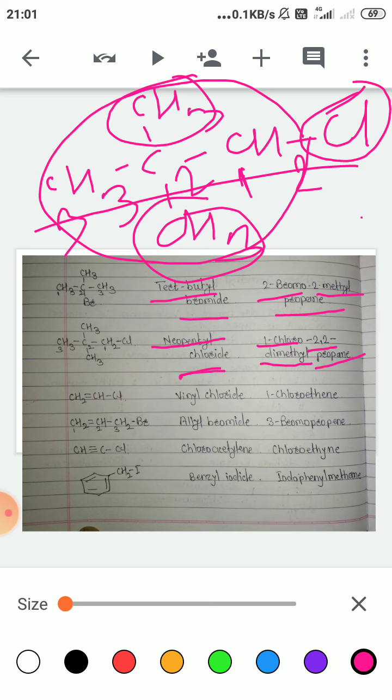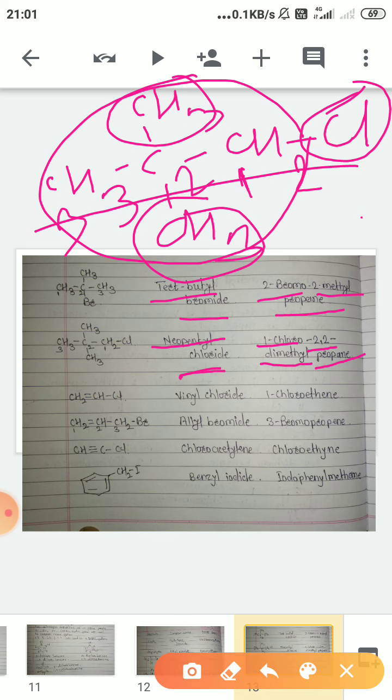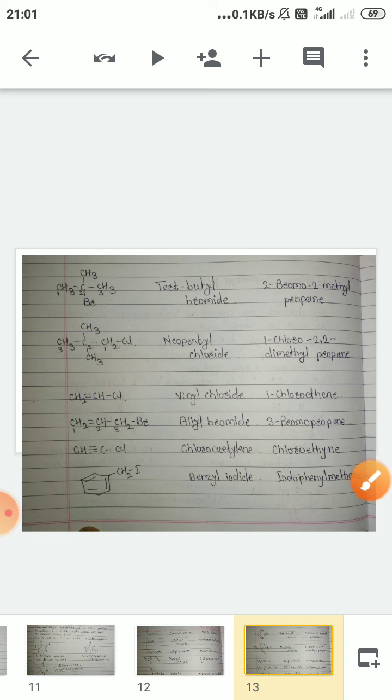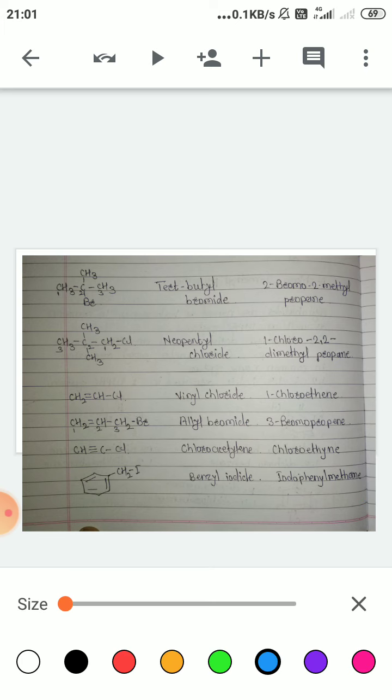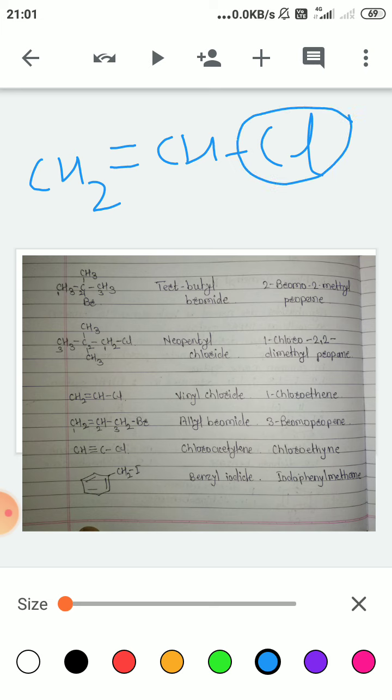Now see the next: CH2 double bond CHCl. Yesterday we saw that if the halogen atom is bonded to an sp2 hybridized carbon atom, then such compounds are called vinyl halides.